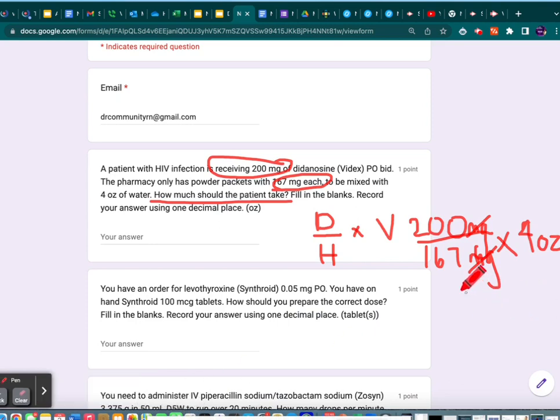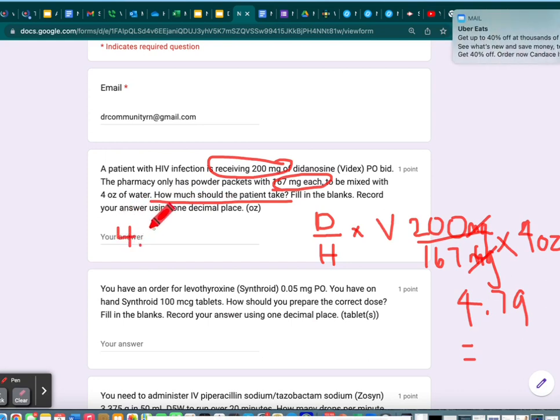All right, then the answer was 4.79. So record your answer using one decimal place. That's going to make it 4.8. Okay, one decimal place.